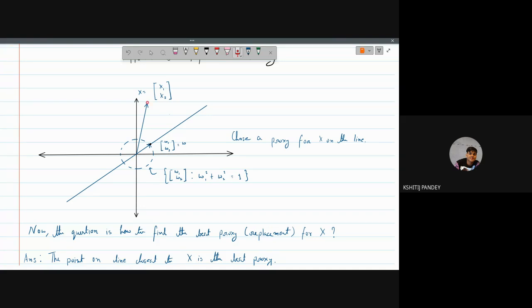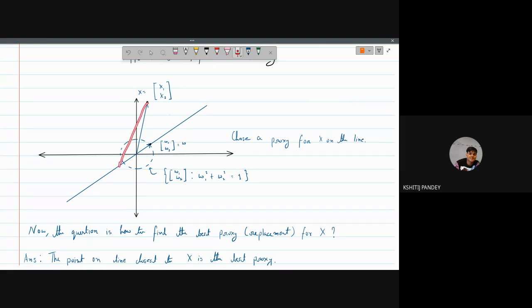So how can we do that? The idea is that the point on the line closest to our data point will capture most information of the original data point. So now what we have to find is a point on the line which has least distance from this point.